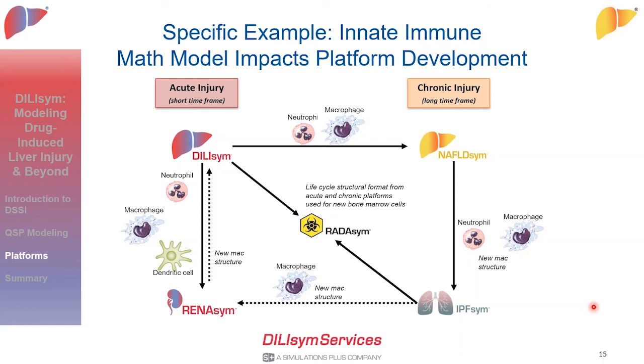So there's a lot of knowledge that you can take from different platforms as you're developing other platforms, even though the regulation and the cells might be different. And we're continuing to refine these over time. So you may refine because of data, but you also may refine because your cell structure just looked different in a different platform, and you can take that mathematical structure and learning and bring it into one of your existing platforms. And I would imagine we'll ultimately complete the cycle back to DILIsym at some point.